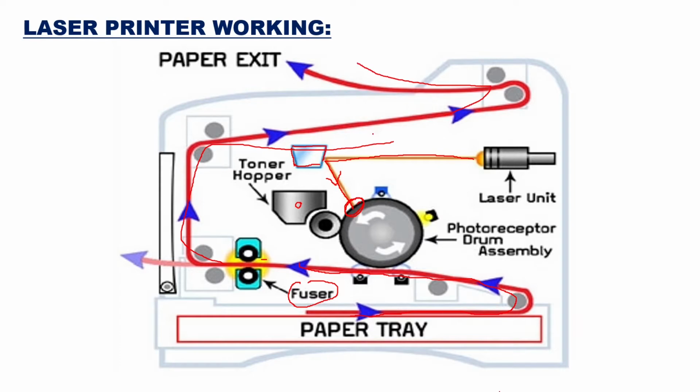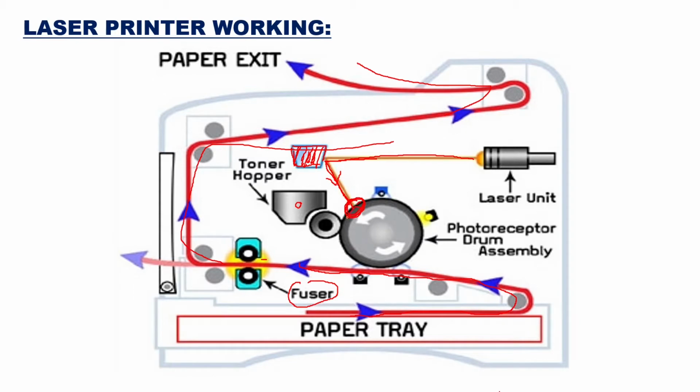Now this is the direction of the paper movement, but actually what happens inside is this: the image which you have got from the computer command will be scanned by the laser, and the laser will put an electrical shadow image on the drum.